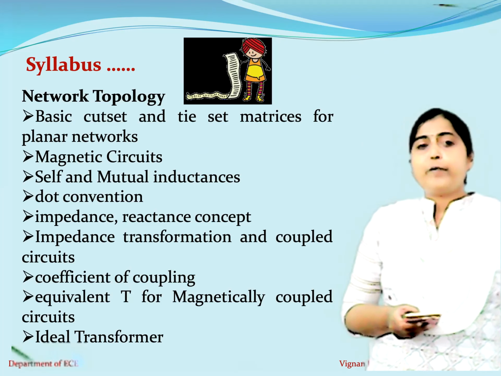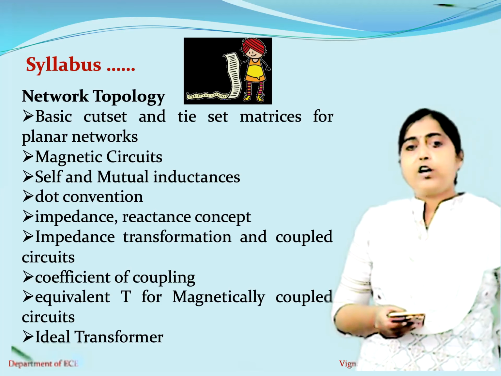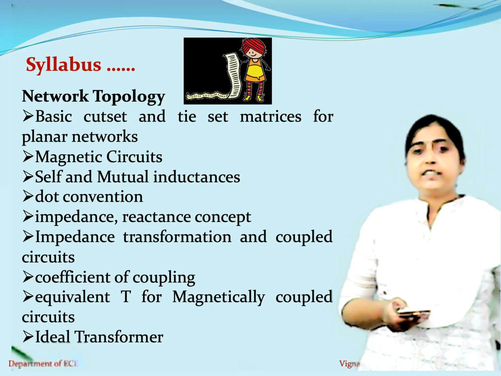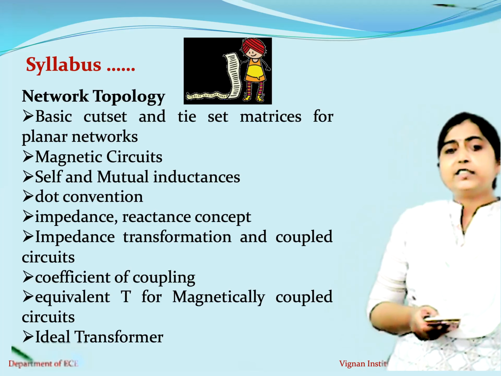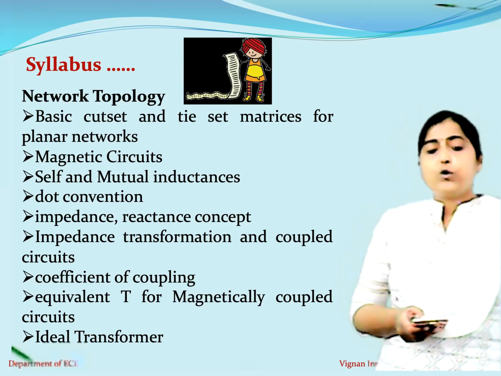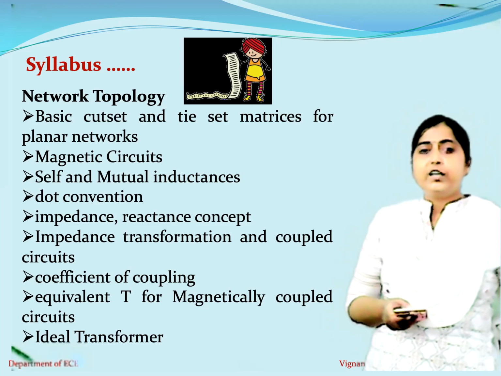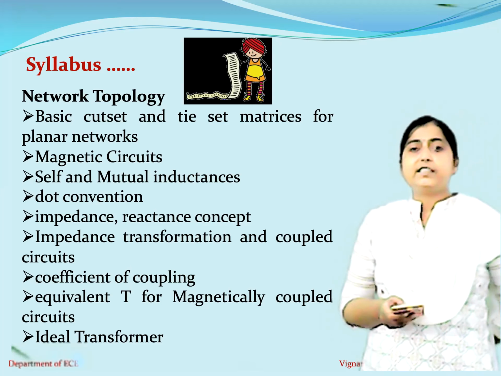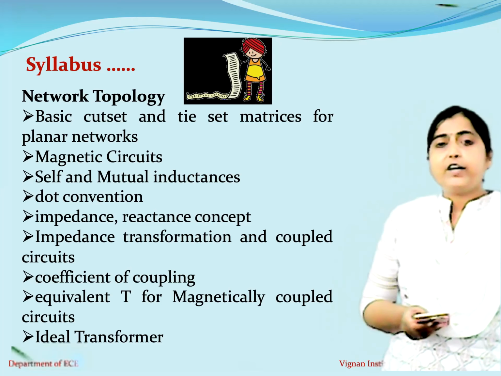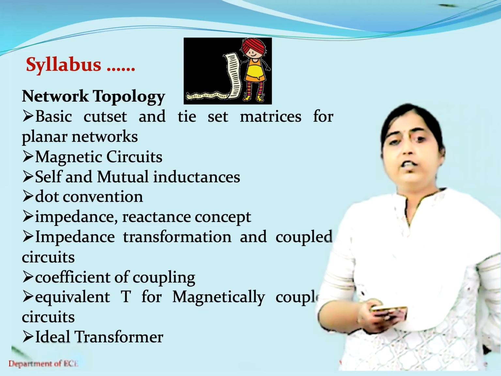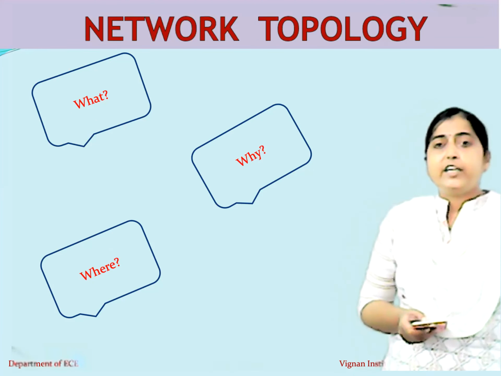Then magnetic circuits, then self and mutual inductances, dot convention, impedance and reactance concepts with respect to magnetic circuits, then impedance transformation and coupled circuits, coefficient of coupling, then equivalent T for magnetically coupled circuits, and the last topic is the ideal transformer. These are the topics we are going to discuss. Now, first we will start with network topology.